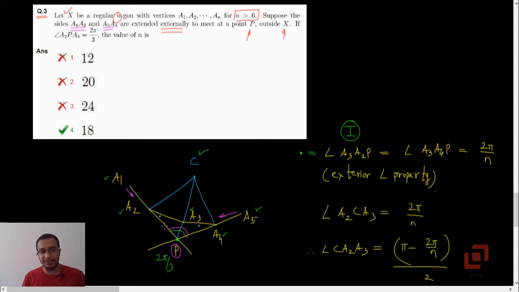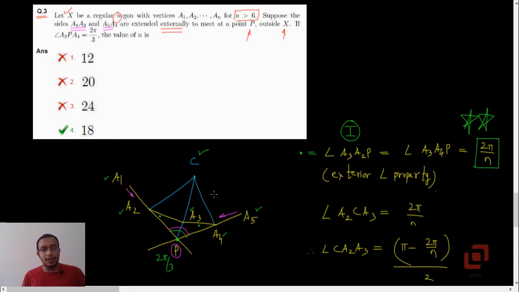They are, because you are extending one side and you are measuring the angle between the extended side and the other adjacent side of the same polygon. So by the exterior angle property it is equal to 2π divided by the number of sides. If you know this particular property, then the problem gets simplified. So this is 2π/n.